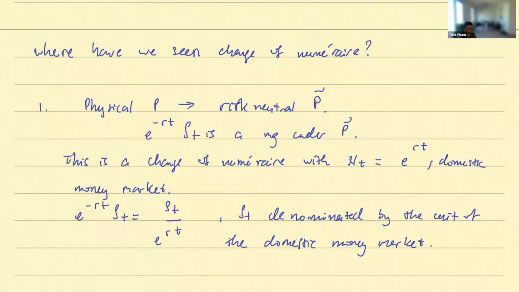So the whole conversion of physical to risk neutral already is a change of numerator. That's my point. We just never really say it that way, but it is. Okay.